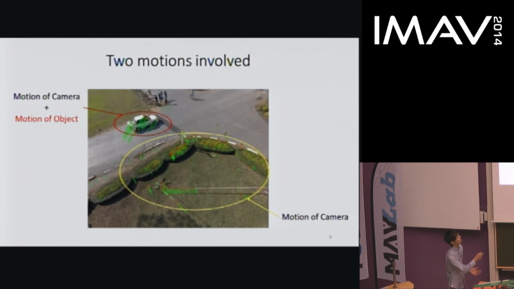As you can see, not only the moving car, but also these static objects seem to be moving. This is because our MAV itself is also moving. So for moving object detection from the MAV, we must distinguish these two kinds of motions: the motion of the MAV itself and the motion of the object on the ground.